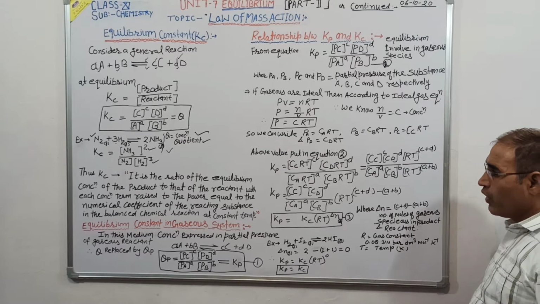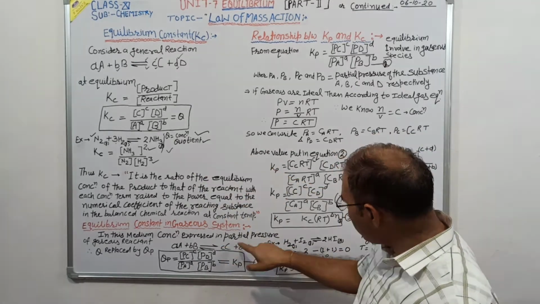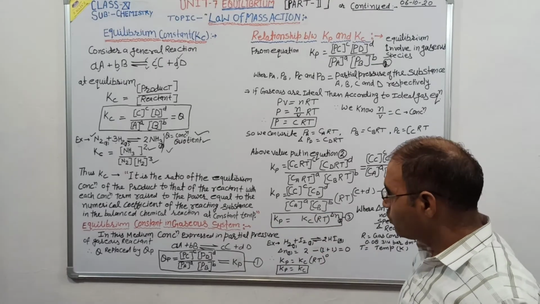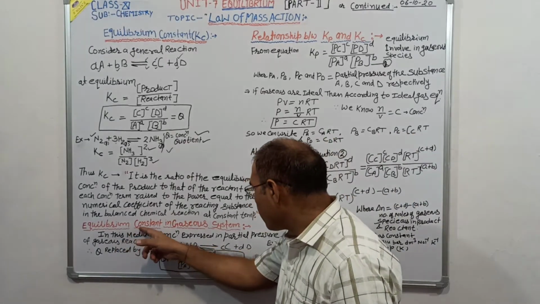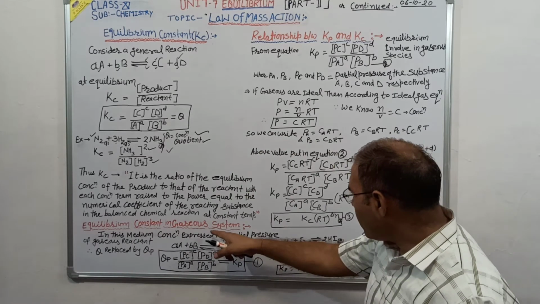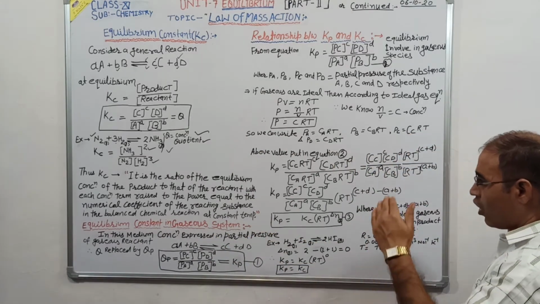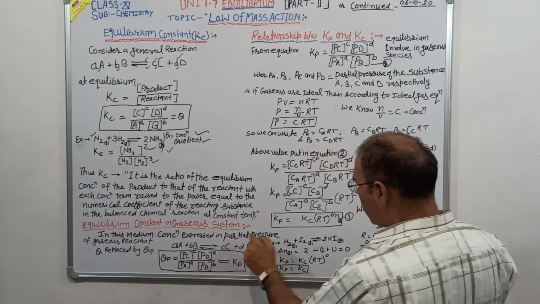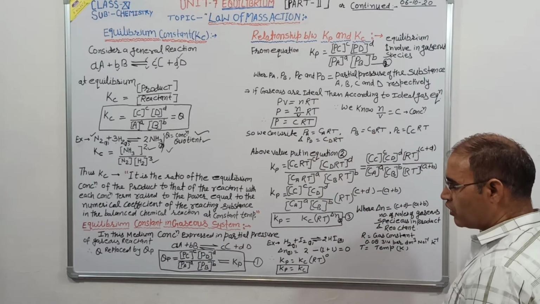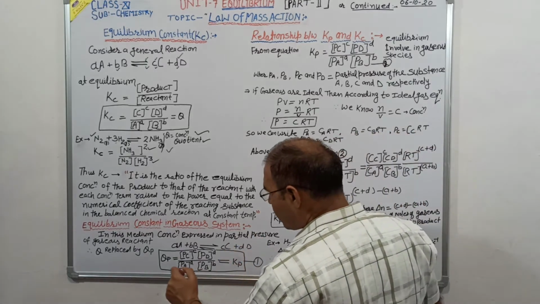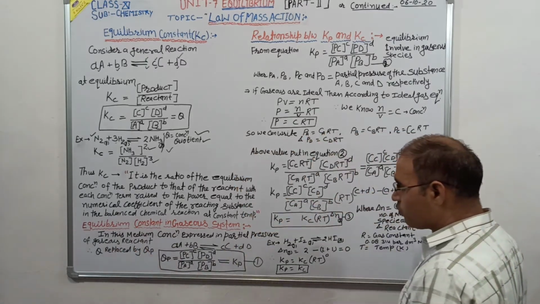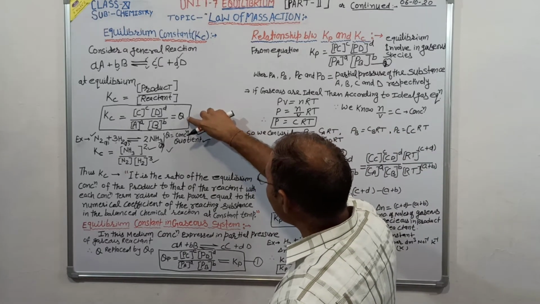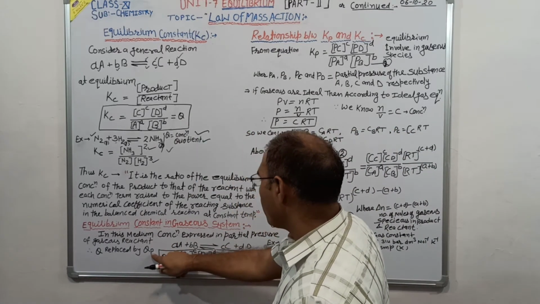Now, if this is applied in the case of a gaseous system, the equilibrium constant in a gaseous system has the concentration expressed as the partial pressure of the gaseous reactants. So the concentration quotient Q is replaced by Qp.